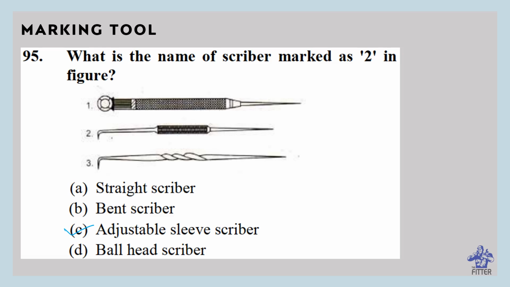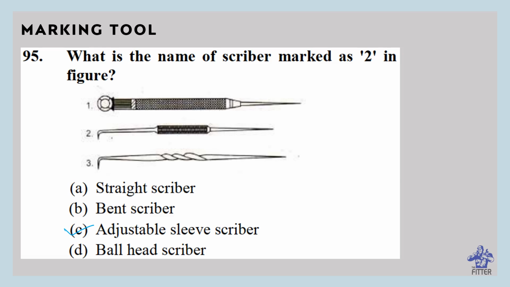The wire of the scriber goes inside the sleeve with the help of a nut. The length of the scriber can be increased or decreased according to need. One end of the bent scriber is straight and the other is bent at 90 degrees, but both are pointed.